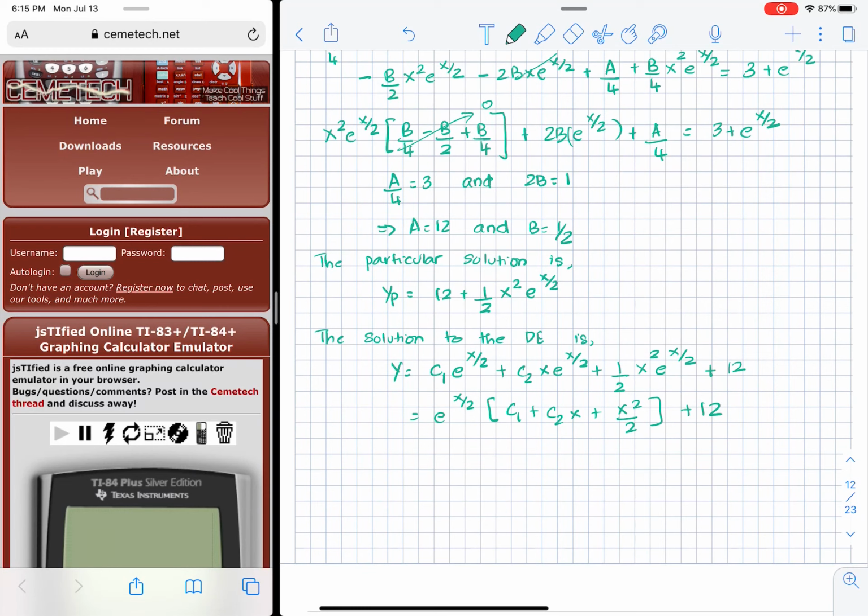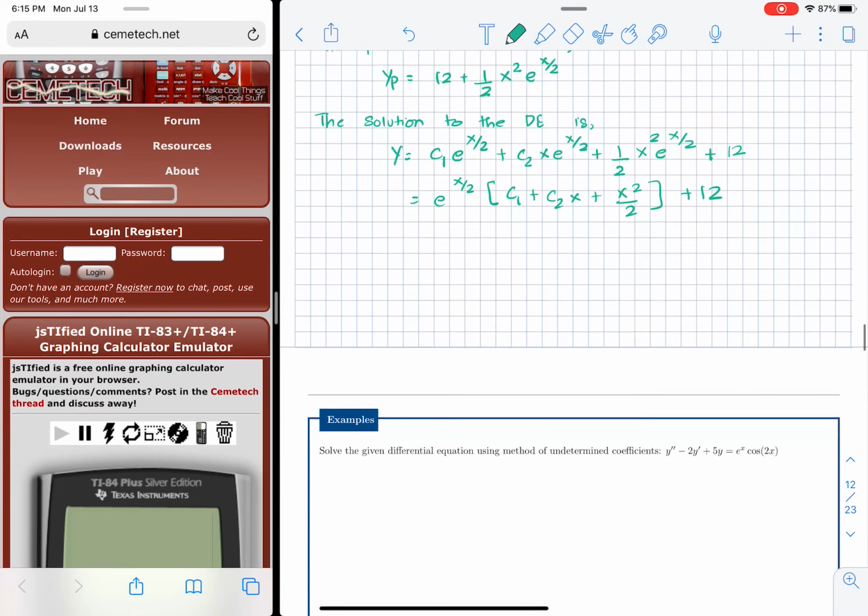So we've got to keep in mind that we need to find the solution to the original DE by first finding the complementary solution, then finding the particular solution, adding them together to find the solution.